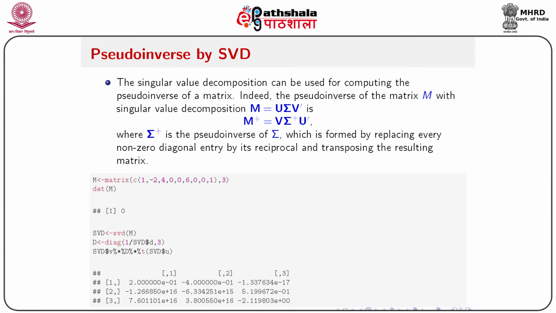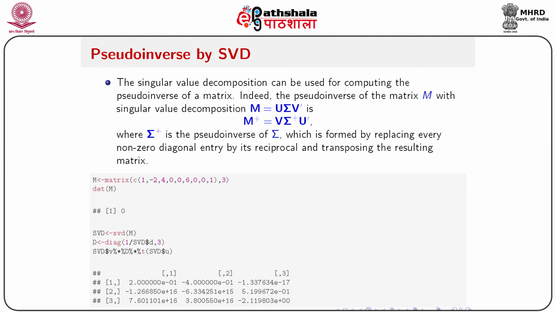Indeed, the pseudo inverse of a matrix M with singular value decomposition M equals U sigma V inverse is M plus, the pseudo inverse, equal to V sigma plus U inverse, where sigma plus is the pseudo inverse of sigma, formed by replacing each non-zero diagonal entry by its reciprocal and transposing the result. So as sigma is a diagonal matrix, the pseudo inverse just takes the reciprocal of all the diagonal elements, and that gives you sigma plus.